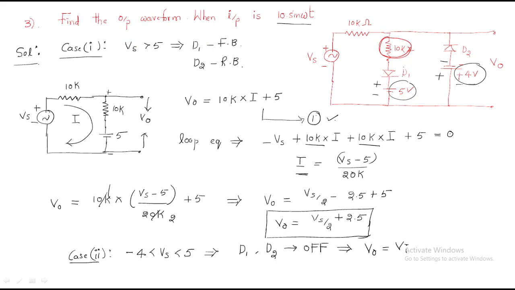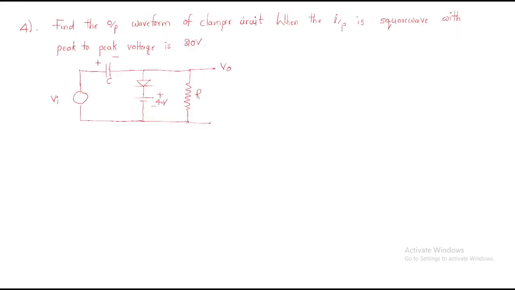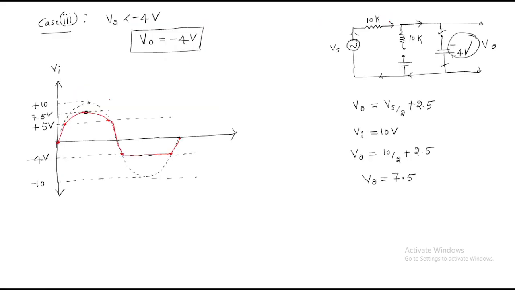If there is one resistor available, it will change the shape of the output waveform. So please, before going directly for the answer, just check whether he has given any resistor or not, otherwise you will get the wrong output.